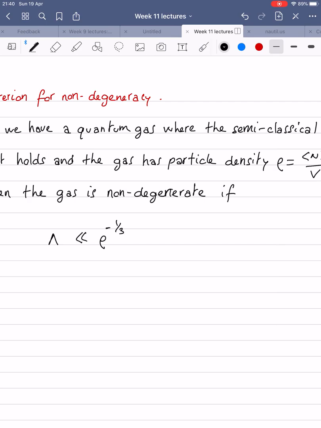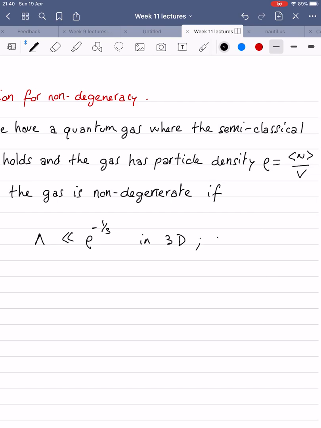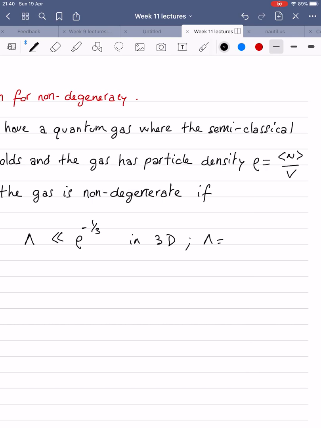That's in 3D; that would be minus 1 over d in d dimensions. And λ here is equal to, as I said before, h over the square root of 2π m k_B T.